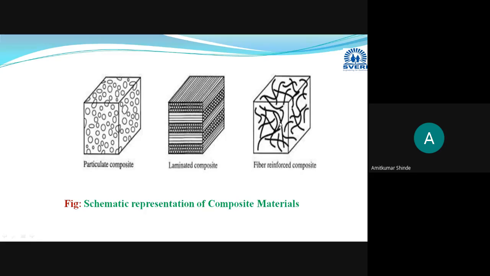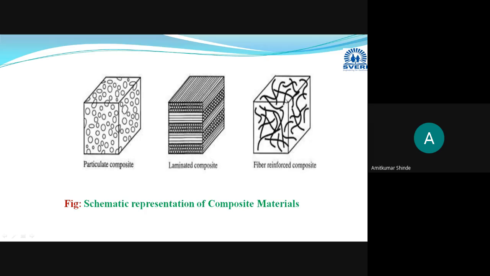Whichever load is applied on this material, the matrix will take the load and transfer it to these fibers, and it will get distributed in this way. It will provide you high strength, high hardness.